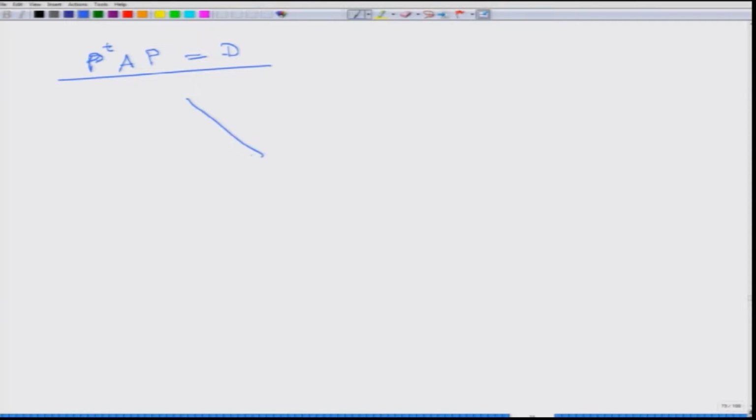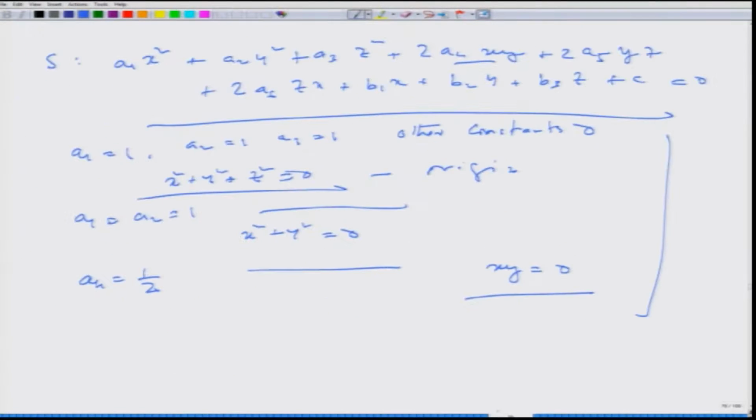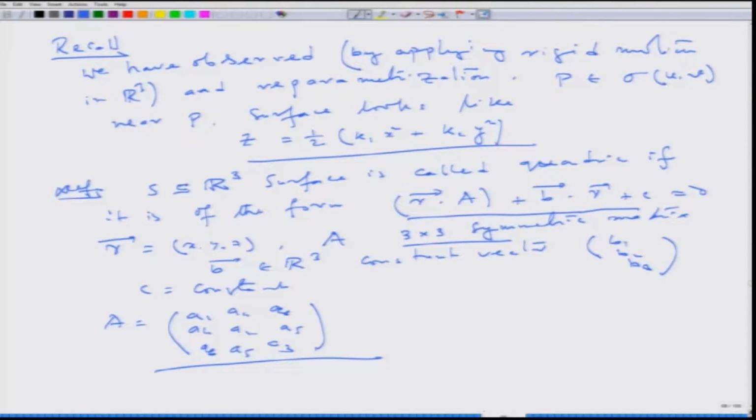Now, if I have a diagonal matrix, then if you look at these equations, this becomes easier to handle.